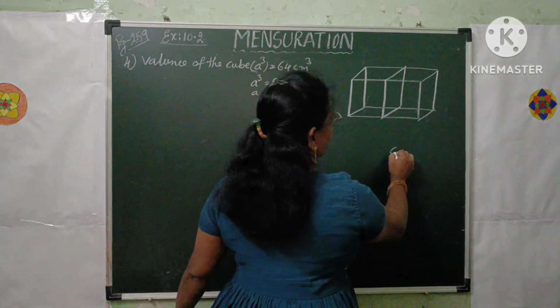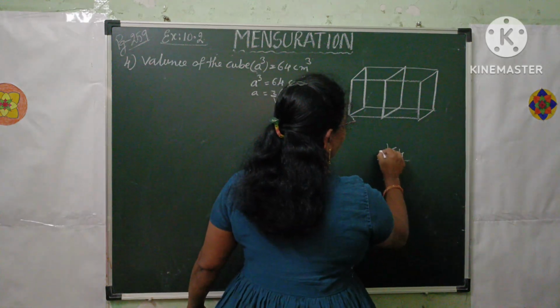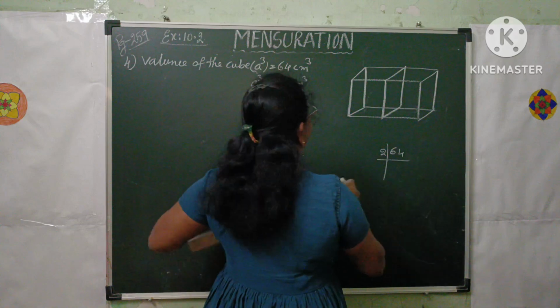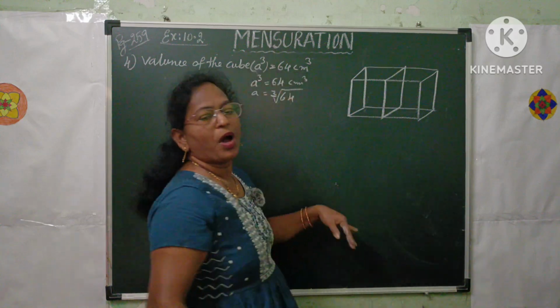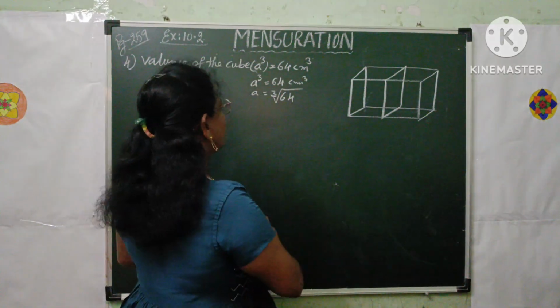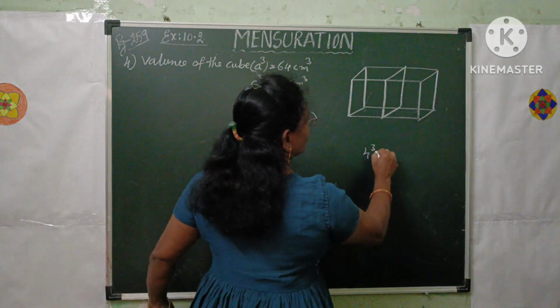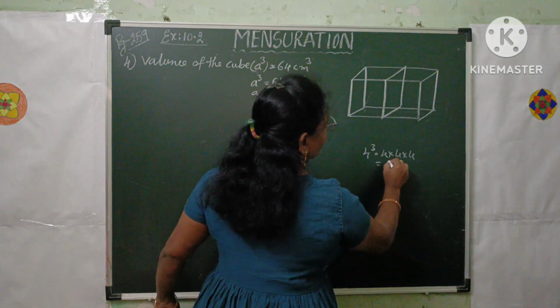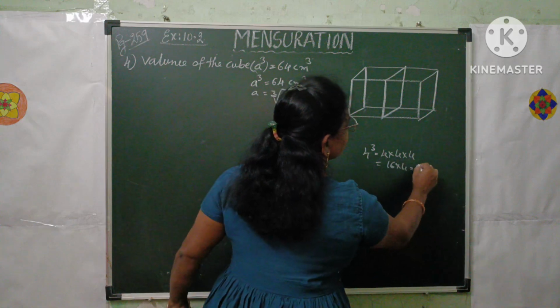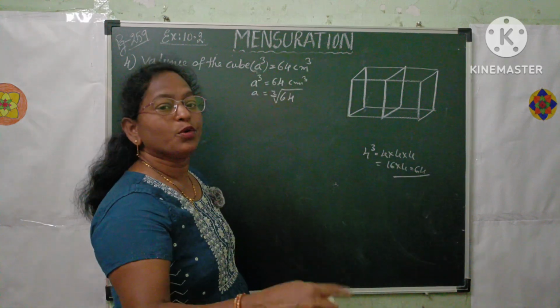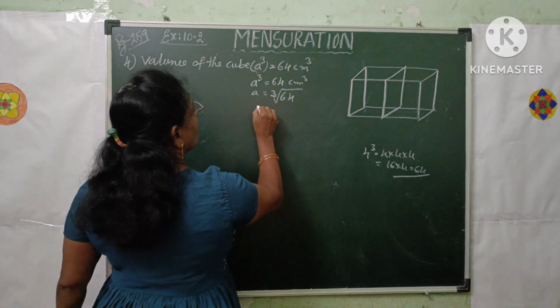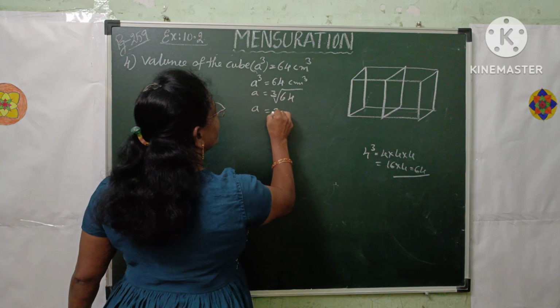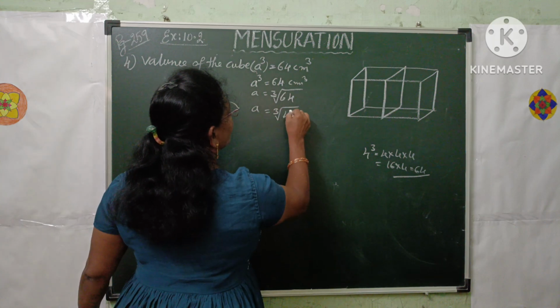Now 64 factors, 2 table. 64 is the cube of 4. Okay. See that. 4 cube equal to 4 into 4 into 4. 4 4s are 16, 16 4s are 64. This is the cube of 4. So how can you write it? A equal to cube root of 4 cube.